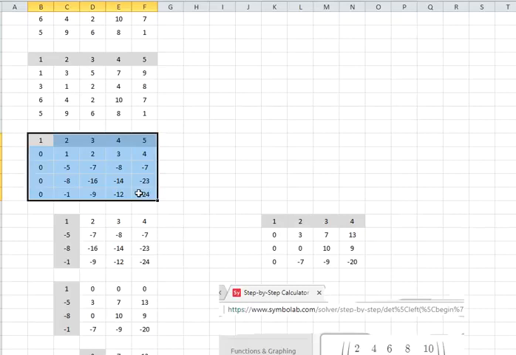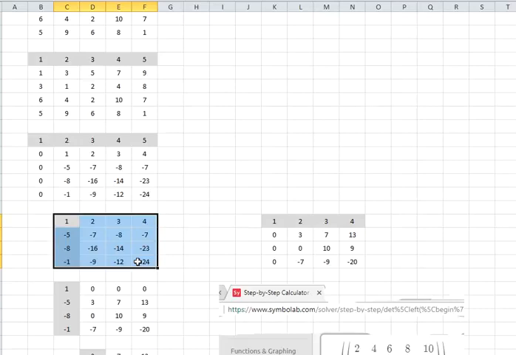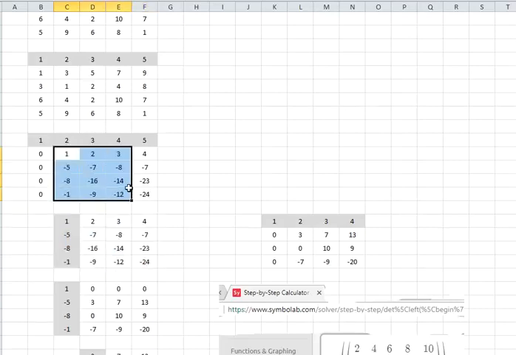Now I'm going to use cofactors: 1 times this determinant plus 0 times all the other cofactors. So the determinant of this is the same as the determinant of this, because this is just this.